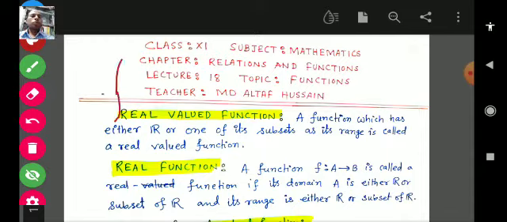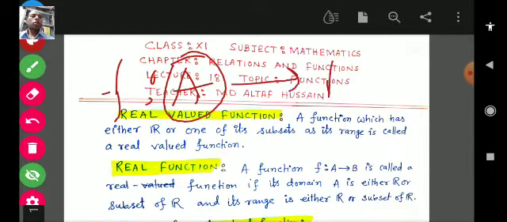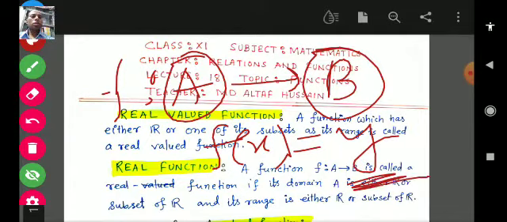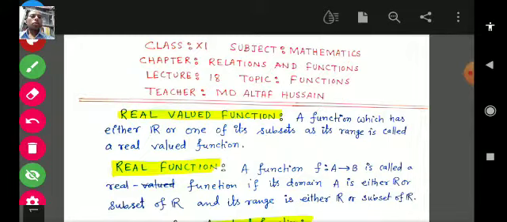We know the first one is the domain, the second one is the codomain, and whatever value we put in place of x and whatever we get as y, that collection is called the range. So our range will be a subset of R or R itself. Now, real function.